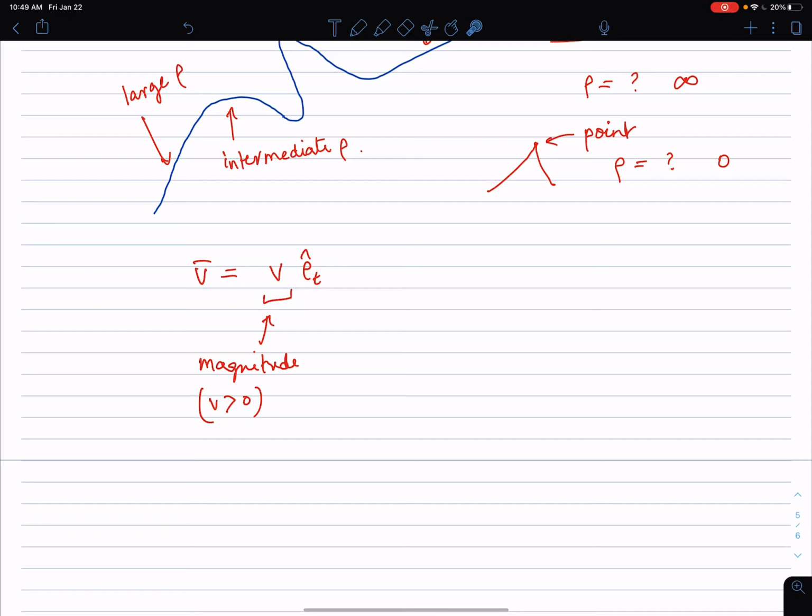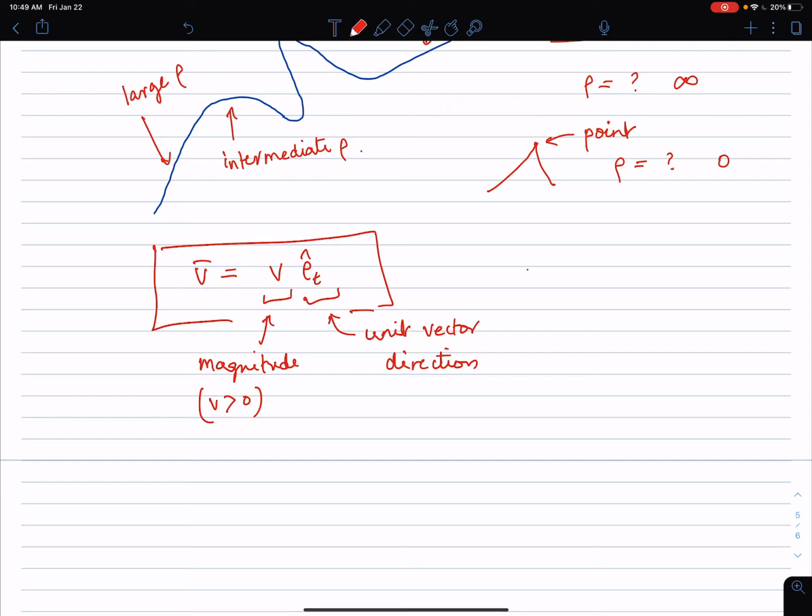And then this is the unit vector direction. Okay, so that's the equation for velocity. Again, something you can remember or will be on the formula sheet.